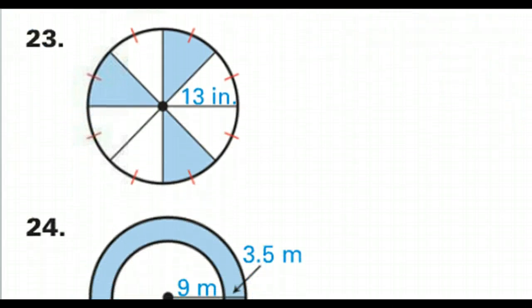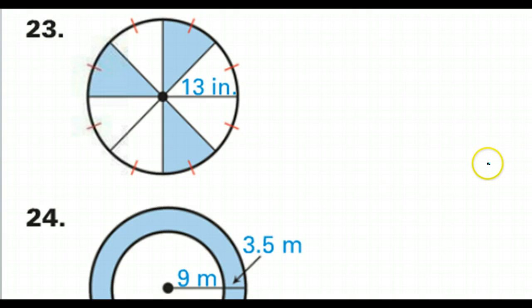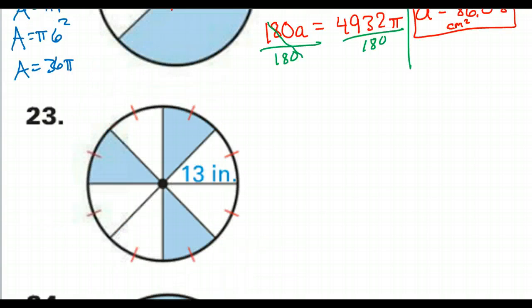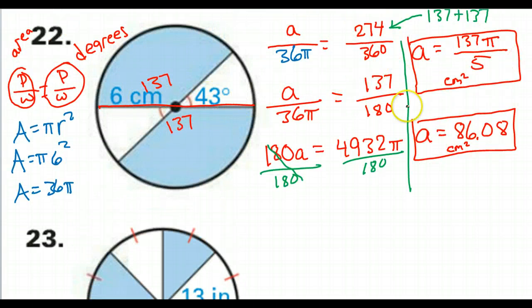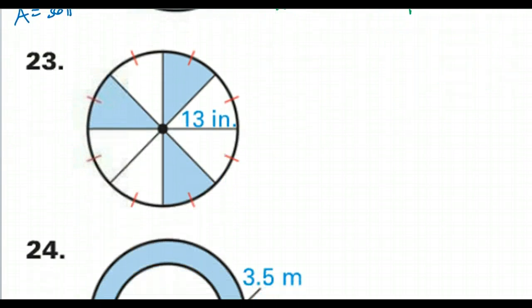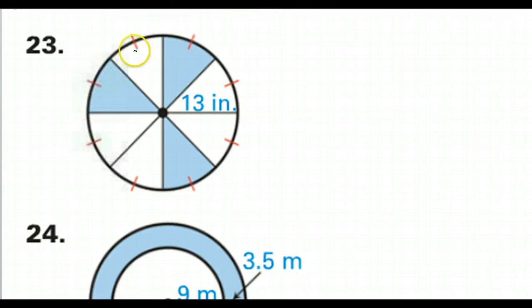Alright, number 23 is a similar deal. The only big difference is they don't actually give you any degrees. Like this one, they gave us the 43, which we had to subtract from 180. This one, they gave us nothing. But they did tell us that all of the pieces are equal. So if I want to find how many degrees each piece is, I could either take the entire 360 and realize that there are 8 pieces.